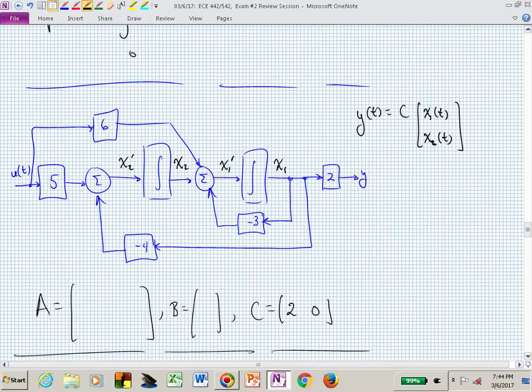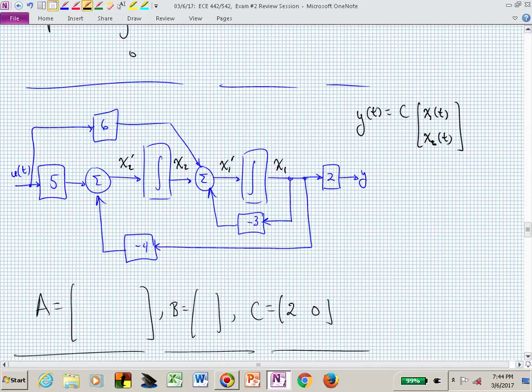What's my B matrix? Well, what's the A matrix? I'm looking for, is there anything coming from x sub 1? So really x1 prime is the arrow coming out of that summing junction. It's built up by all the arrows coming in to that summing junction.